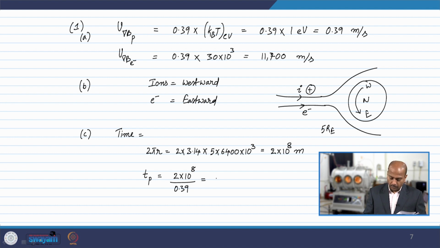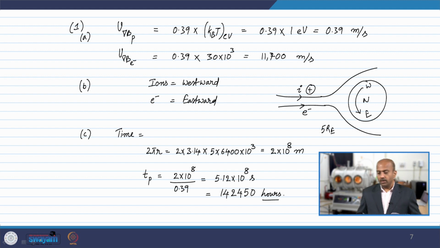This will take 5.12 × 10^8 seconds, which is approximately 142,450 hours. So, for the solar proton coming with an energy of 1 electron volt, it will take nearly 142,450 hours to complete one revolution at 5 times the radius of the Earth.